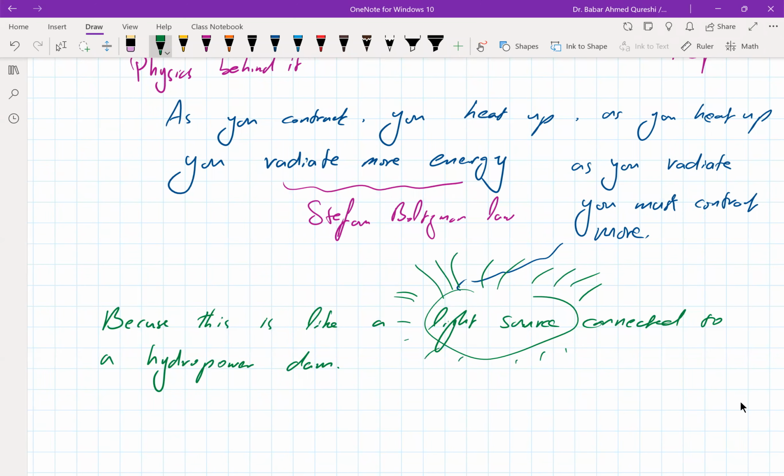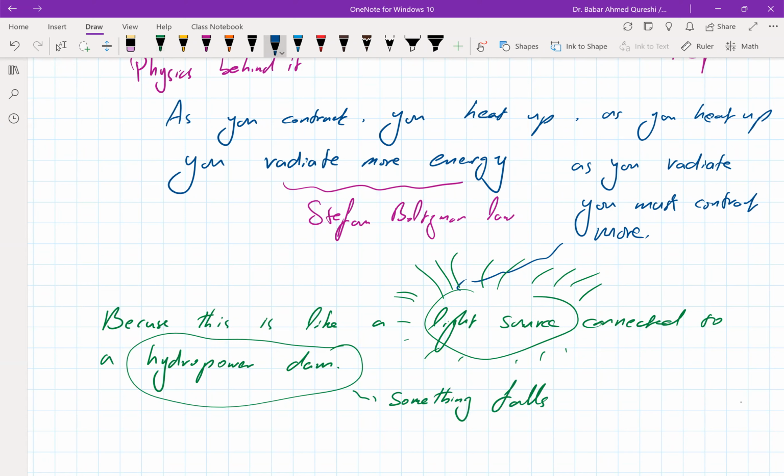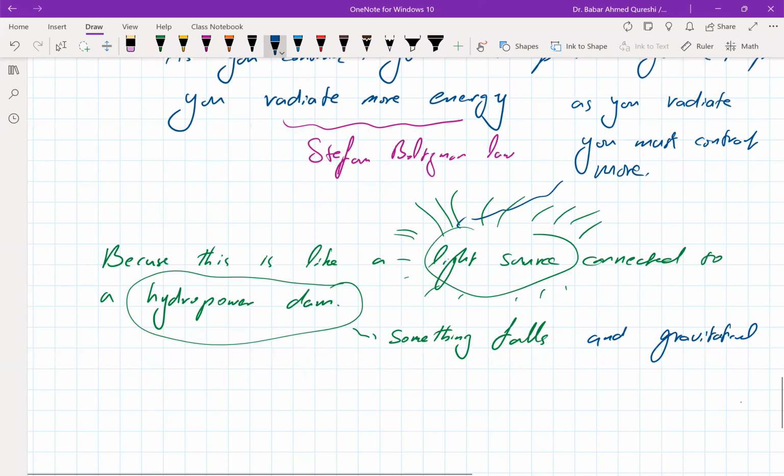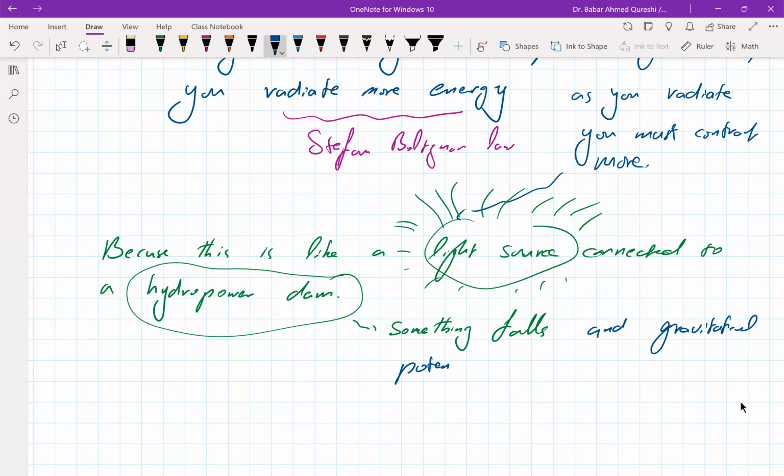Where does that light come from? Like a hydropower dam, something falls. Something falls and gravitational potential energy is used to supply for the radiation.